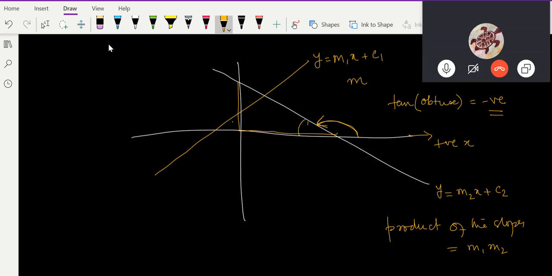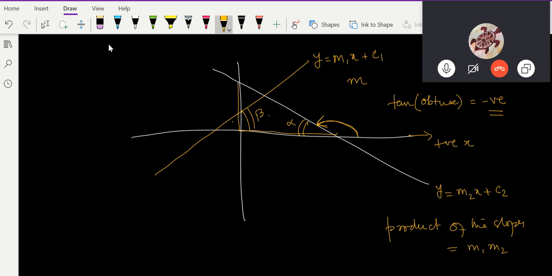Suppose this angle is x, or let me call it theta, because otherwise you'll get confused. Or let's do it in terms of alpha and beta. This is alpha, and this one is beta.